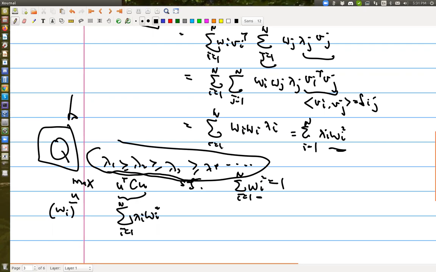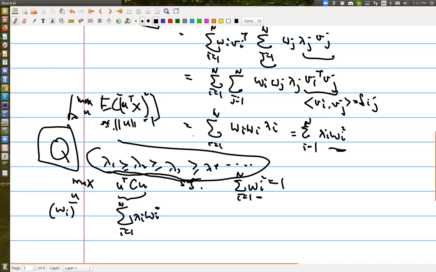So again, we start from that formulation, trying to maximize this projection, u transpose x, squared, for u with the norm equal to 1, right?